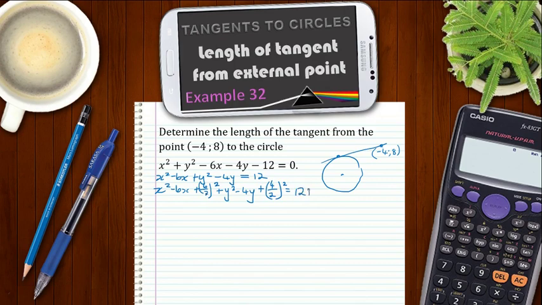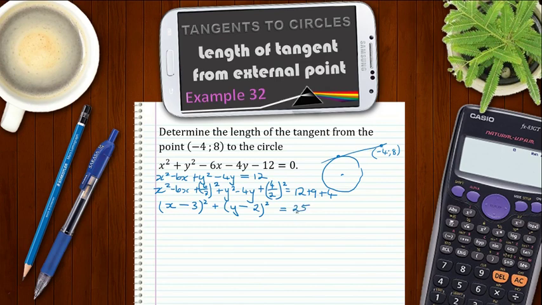So I've got 12 plus 9. And here we added 4 over 2 is 2, squared is 4. So we added 4. Okay, then we have x minus 3 squared, plus y minus 2 squared. And this gives us 13 plus 12 is 25.